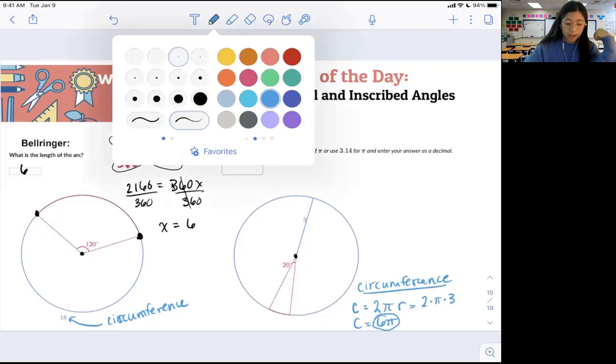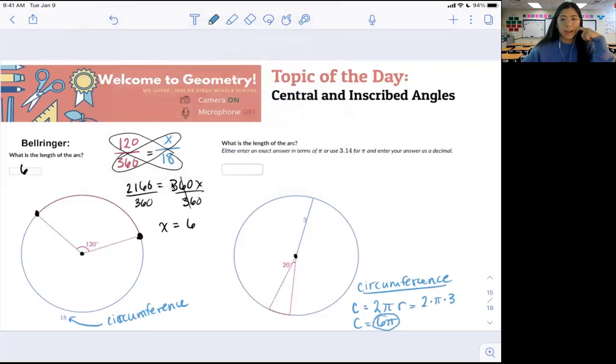And that's more exact. The reason we do that is because it's more exact. So now let's set up the proportion. On the left side, what's the angle measurement? 120 over 360.